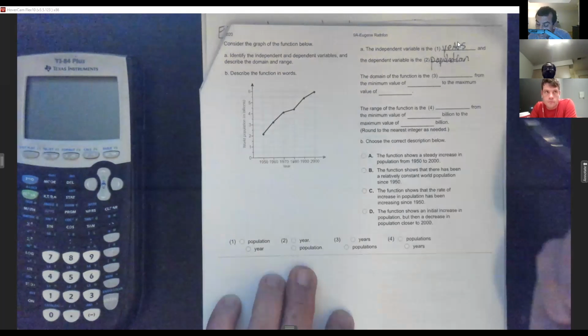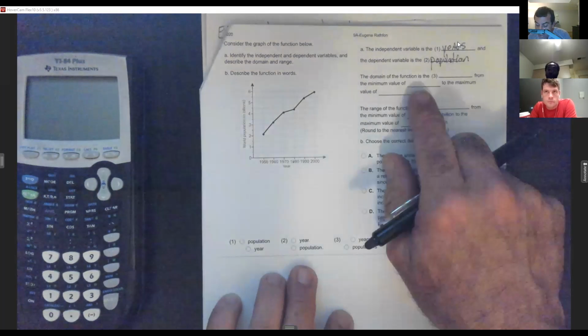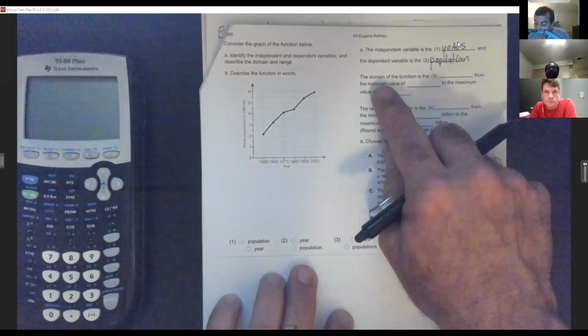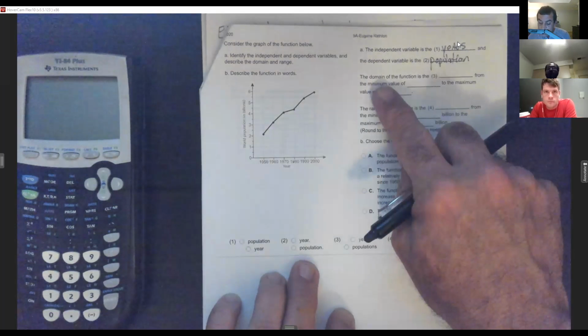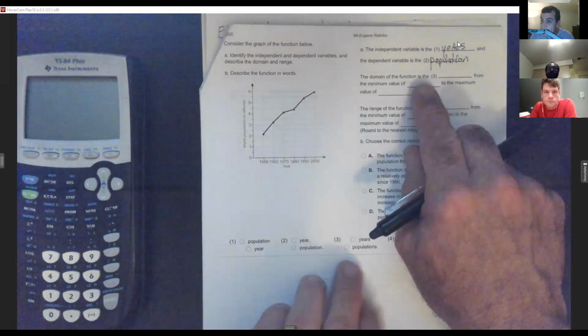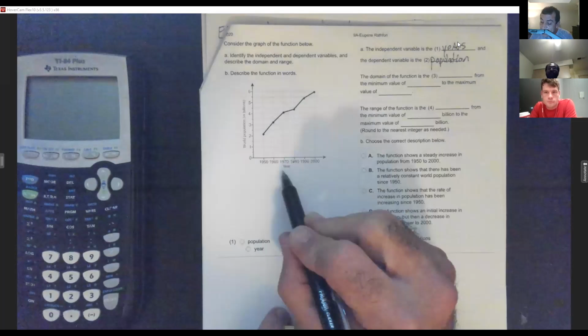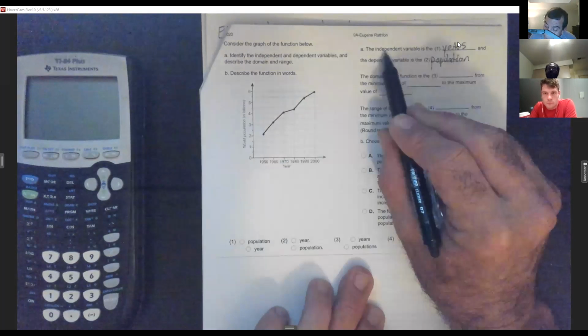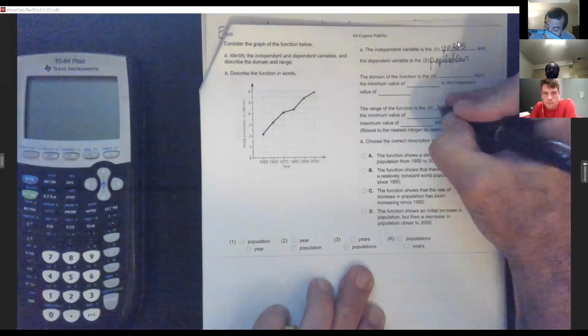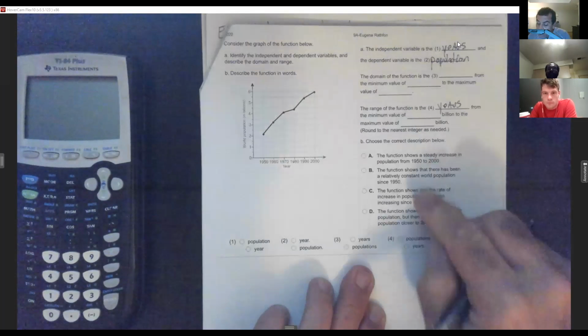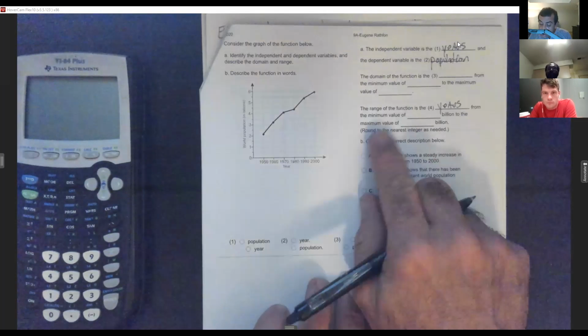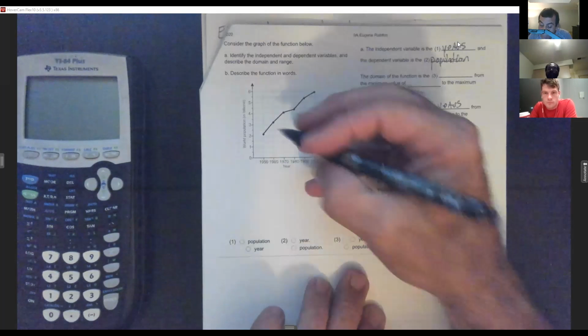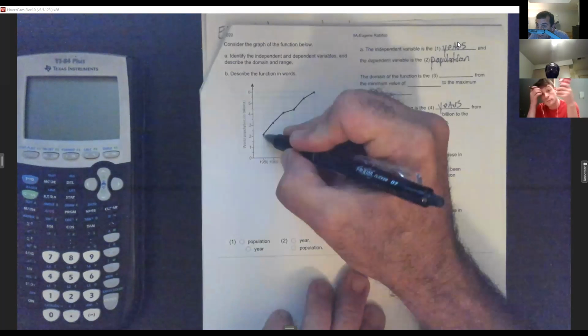Now, the domain of the function is the years, because remember the domain is the same as the independent variable. So that is the years from a minimum value. So on the years, you see the first dot on this graph right here?